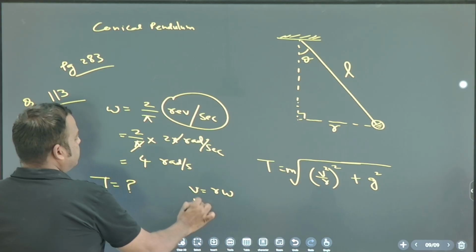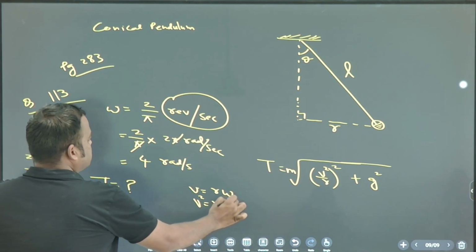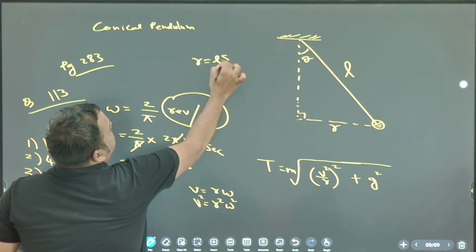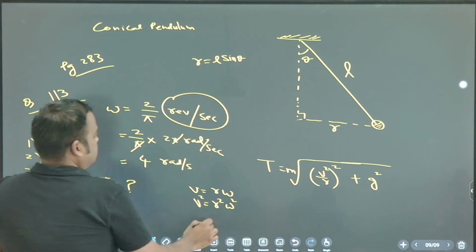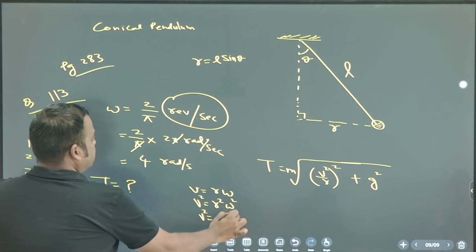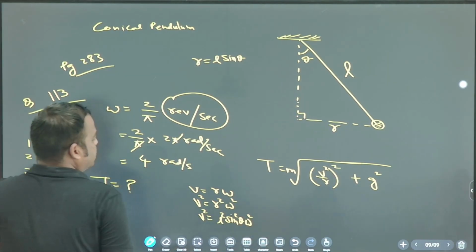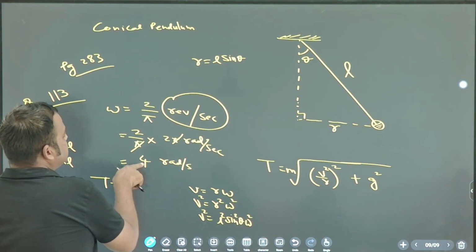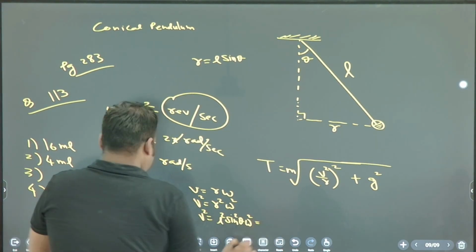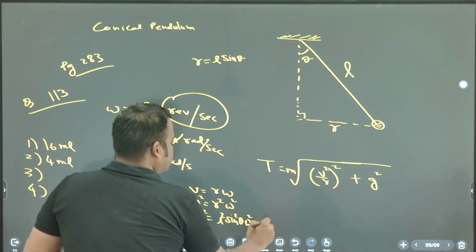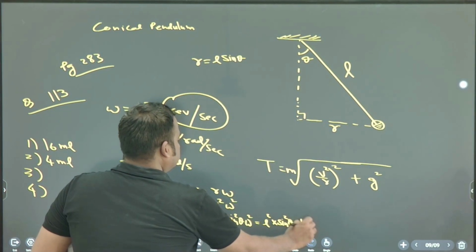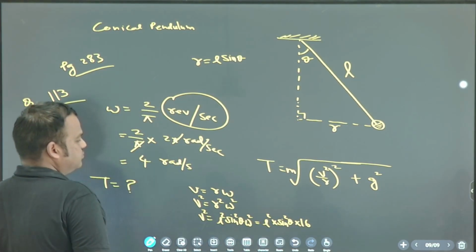Okay, V square will be equal to R square omega square, and R is equal to L sine theta. So V square is equal to L square sine square theta into omega square. Omega square is 16. So L square into sine square theta into 16.